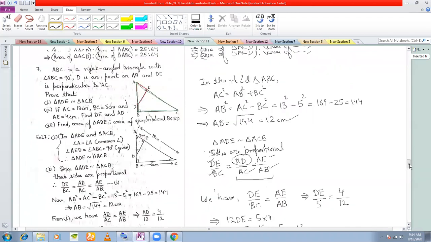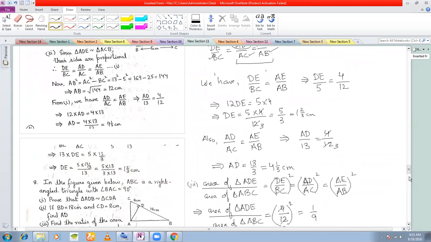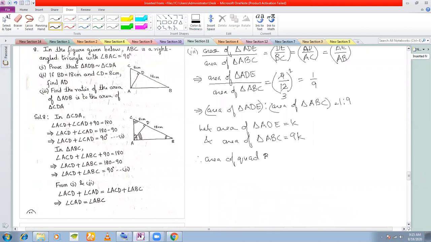This green quadrilateral is BCED. BCED is equal to area of triangle ABC minus area of triangle ADE. So this is 9K minus K. The area of this quadrilateral is 8K.